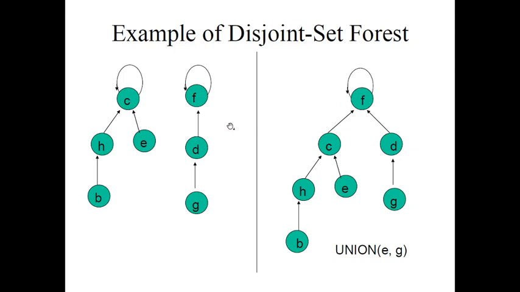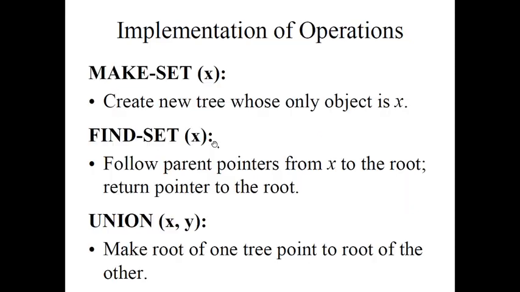And here they have taken the representative of the second tree as the representative for the union tree. Therefore F is going to be the parent. Then F's left child will be the left set and F's right will be D and G. And this is the new union, that is union EG, and these two trees will be removed from the collection.